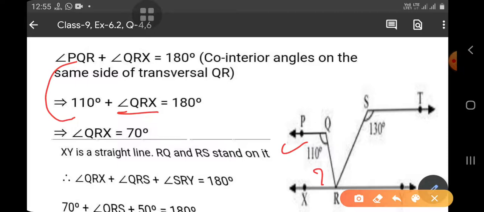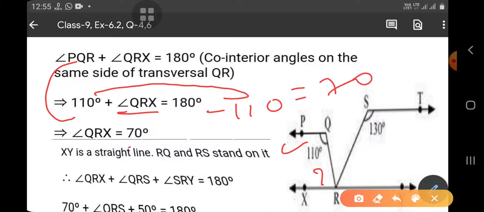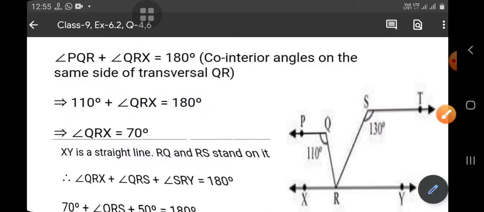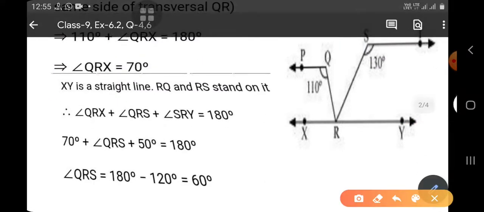So transpose 180 degree from left to right, it will be minus 110, and the value will be 70 degree. So angle QRX is 70 degree. Now we already found angle SRY, that means this angle, is 50 degree.